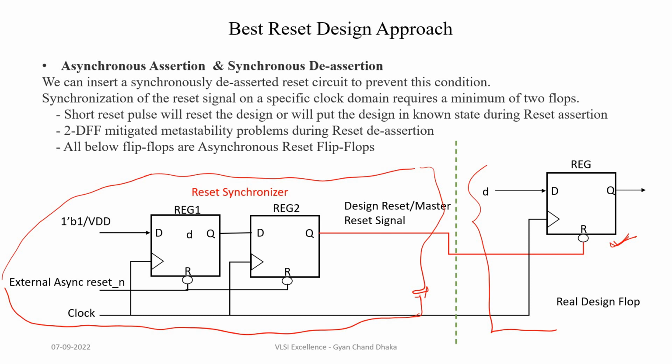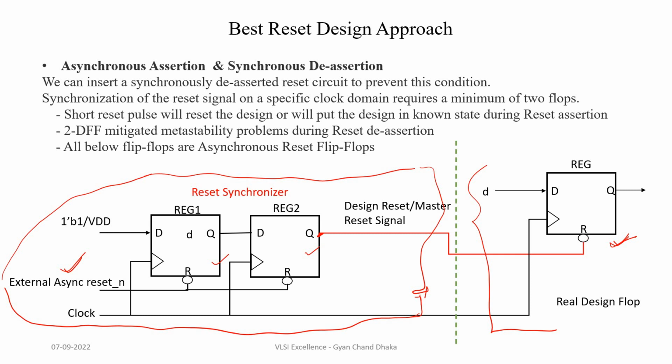how it is used to eliminate the reset de-assertion metastability problem. If you see here, these two flip-flops are getting the external asynchronous reset, and the output of flip-flop 2 goes to our design flip-flop reset signal. When the reset is asserted, this flip-flop as well as this flip-flop will get reset, and eventually all the flip-flops in the design will also get reset, because they are getting the output of register 2, which also gets reset on asynchronous reset assertion.